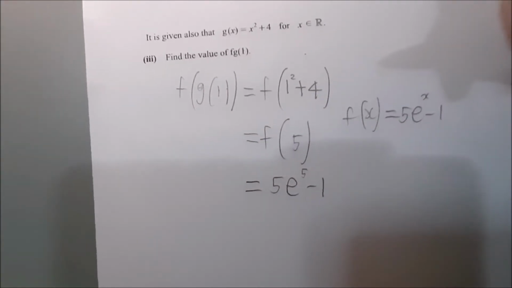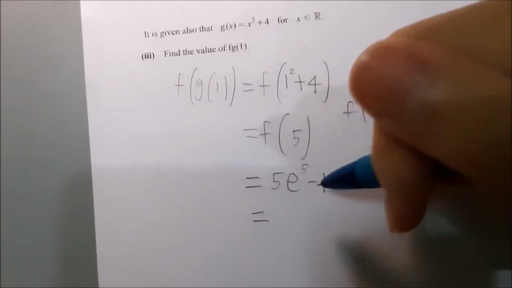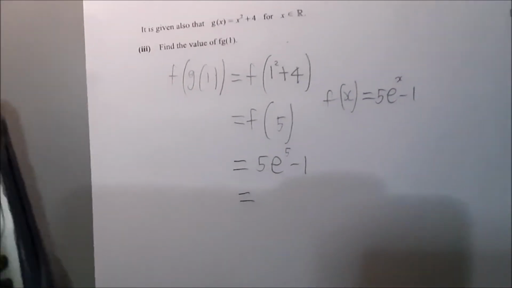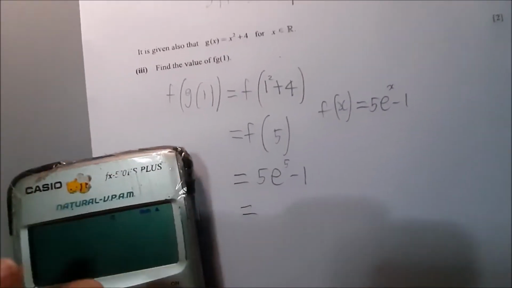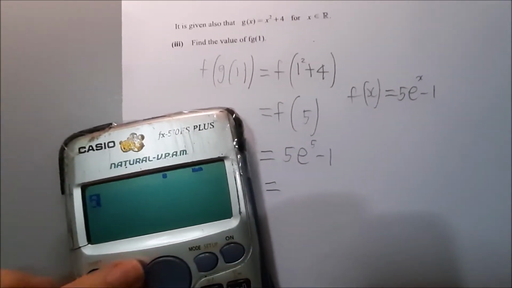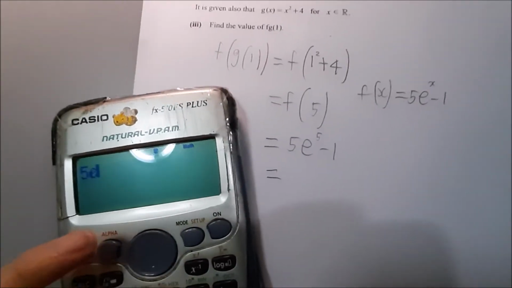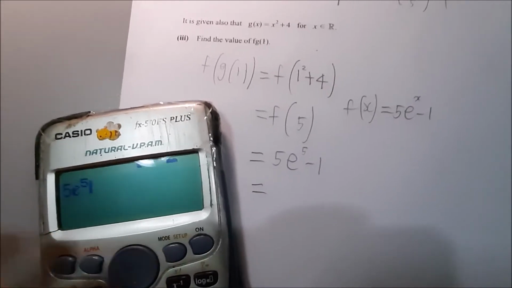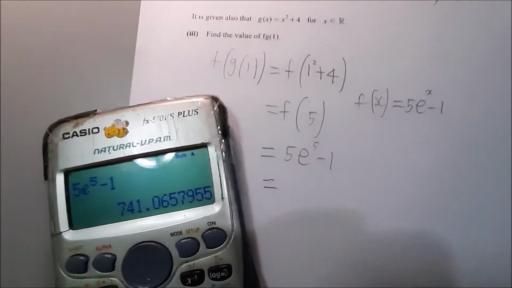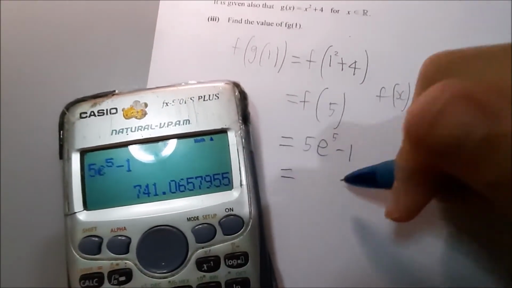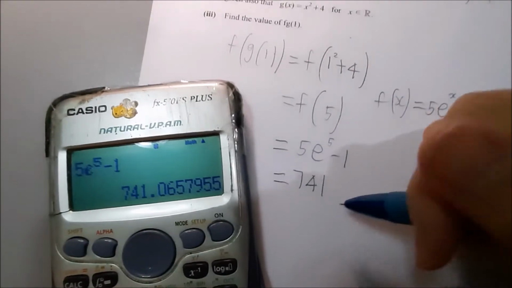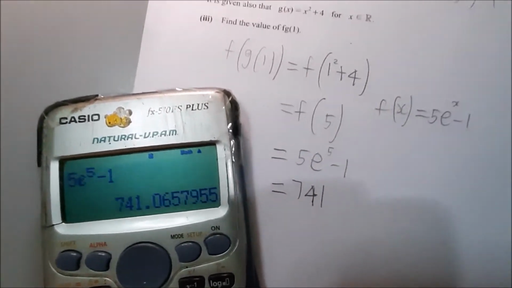You can either put your answer as this, or you can just put an estimate, as it didn't specify if you have to give an exact value or not. So from here, 5e^5 − 1, you can just put the answer as 3 significant figures. So it will be 741. And that will be your answer.